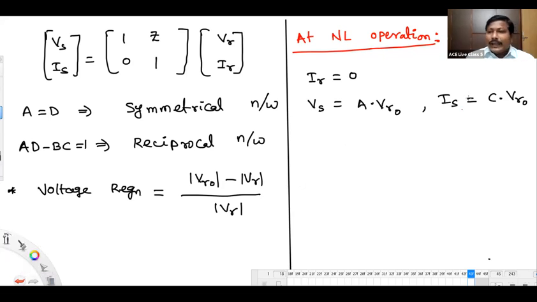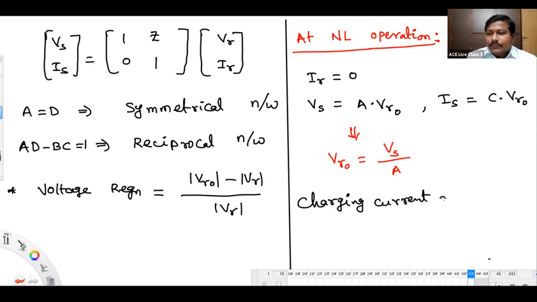And this Is, we have named as charging current. We'll take that up. And from this, VR0 value is nothing but Vs by A. The no load receiving end voltage of the transmission line is equal to the sending end voltage by parameter A. Now I will say Is, or else you can say charging current at no load condition.